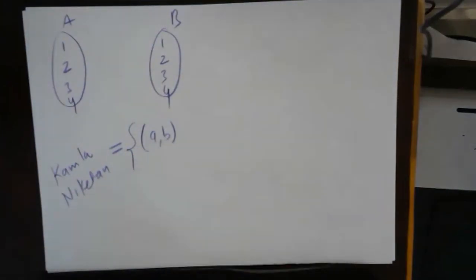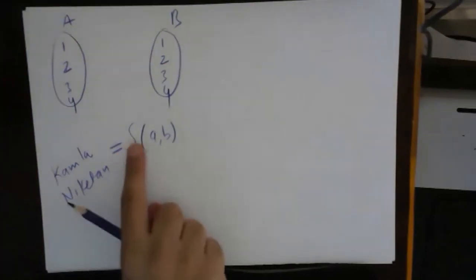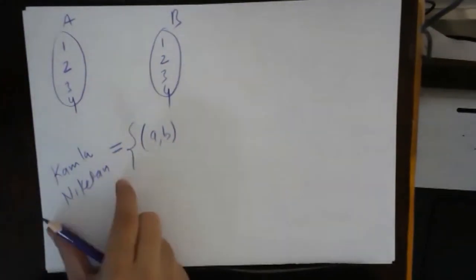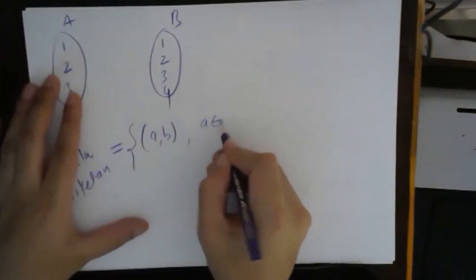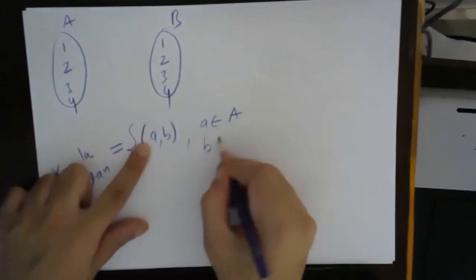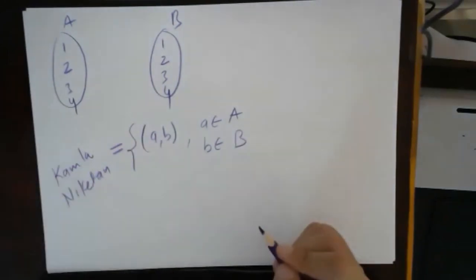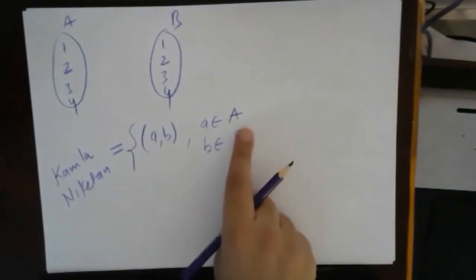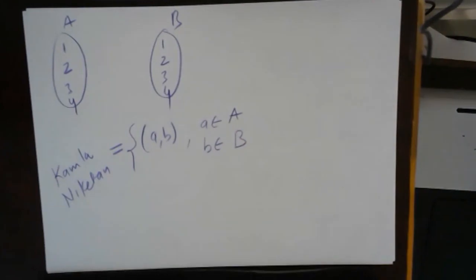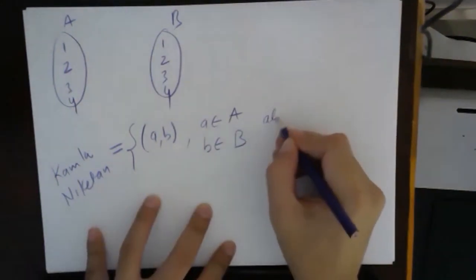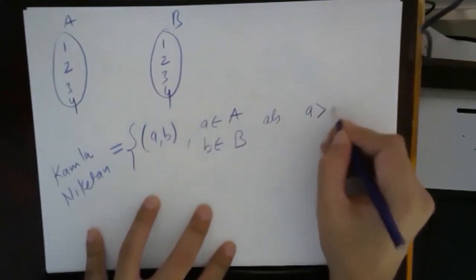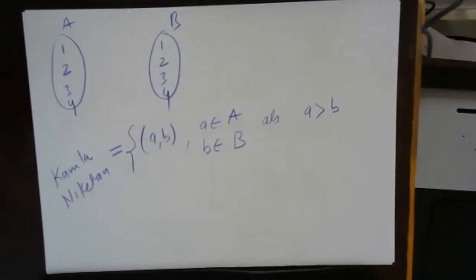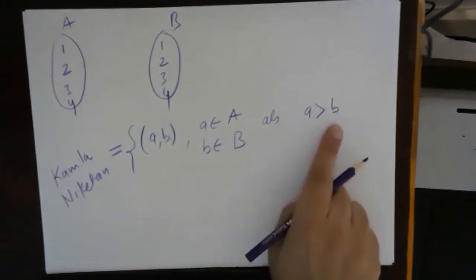This Kamla Niketan is a set which contains (a, b), where a is an element which belongs to set A, and b is an element which belongs to set B. Also, how are a and b related? a should be greater than b.